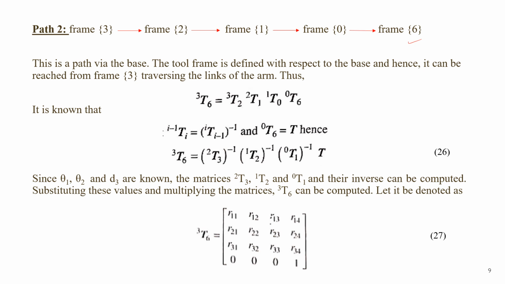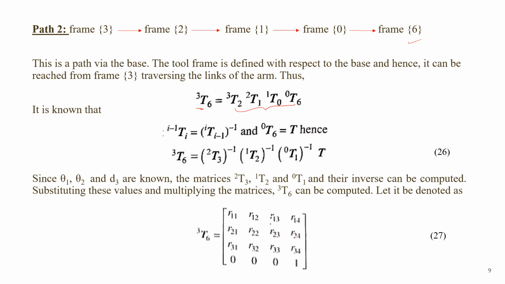The tool frame is defined with respect to the base, and hence it can be reached from frame 3 by traversing the links of the arm. So we can write T6 to 3 is equal to T2 to 3, 1 to 0, 0 to 1, and 6 to 0. By multiplying these four transformations, you will be getting T6 to 3.